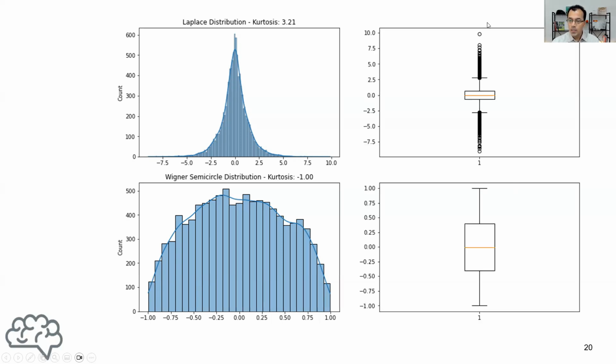And what happens is that the box plot now has a huge number of outliers shown here, and this is an outcome of the tails that we have in this more peaked distribution. For the semicircle, we also have no tails, so we basically have no outliers because the behavior of this distribution is very smooth, and its shape is very symmetrical around its median, which is plotted here in orange.